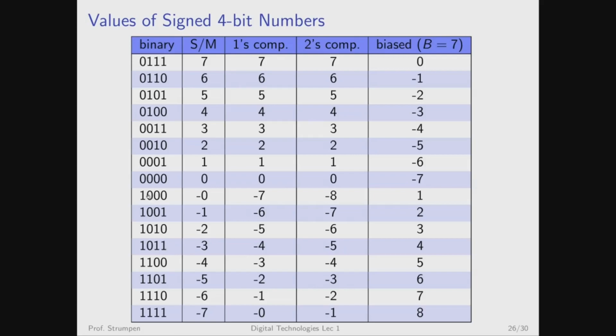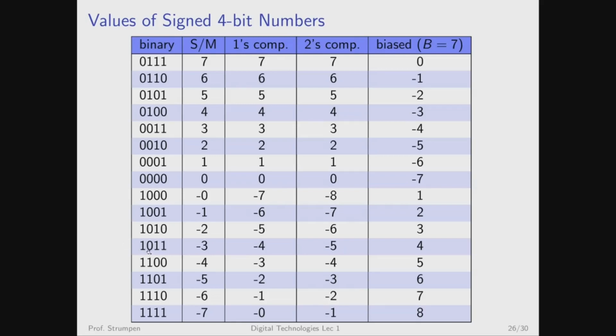So the 1's complement of 1, 0, 0, 0 is 0, 1, 1, 1. 0, 1, 1, 1 has decimal value 7, and you interpret binary string 1, 0, 0, 0 as the negative number negative 7, right?